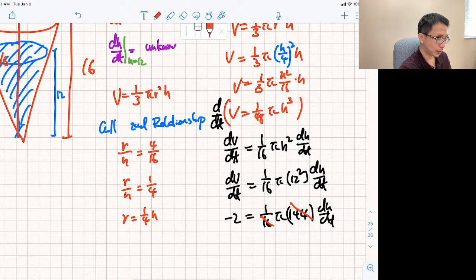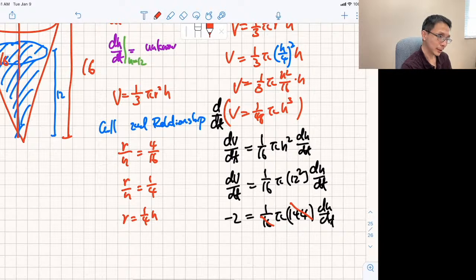Wait, what's 144 divided by 16? That's okay. 144 divided by 16, that's not going to be 3, no. Would it?